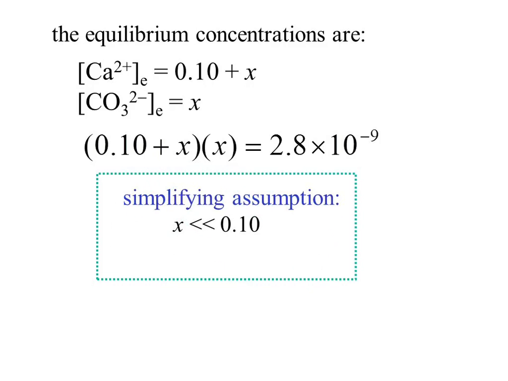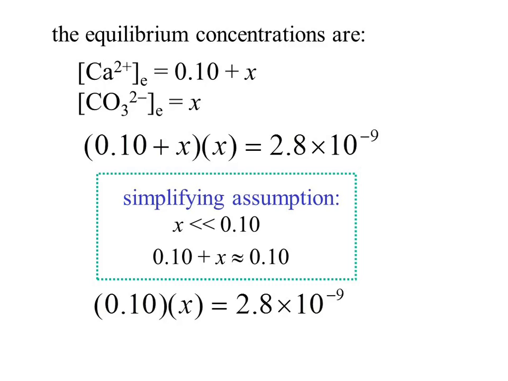If X is appreciably smaller, much less than, double less than signs, that 0.10, which is the common ion, then the quantity for the calcium, that 0.10 plus X, is approximately equal to 0.10, because you ignore the X. Okay, let's go ahead and solve it.